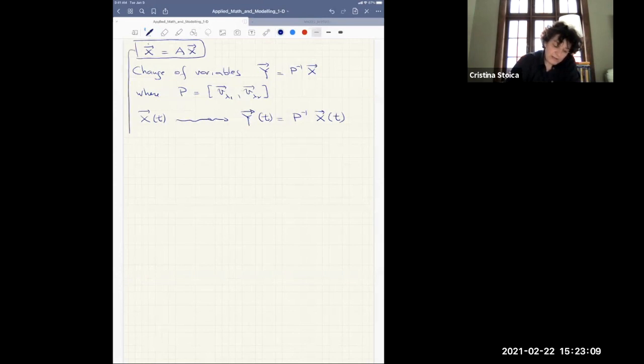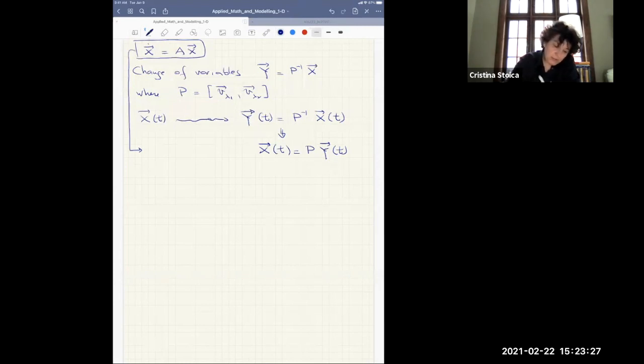Instead of x, I'm going to put what I see there. This means that x of t is P y of t.